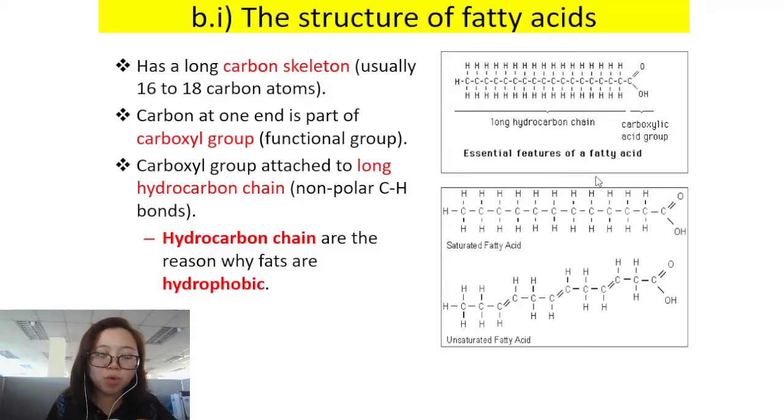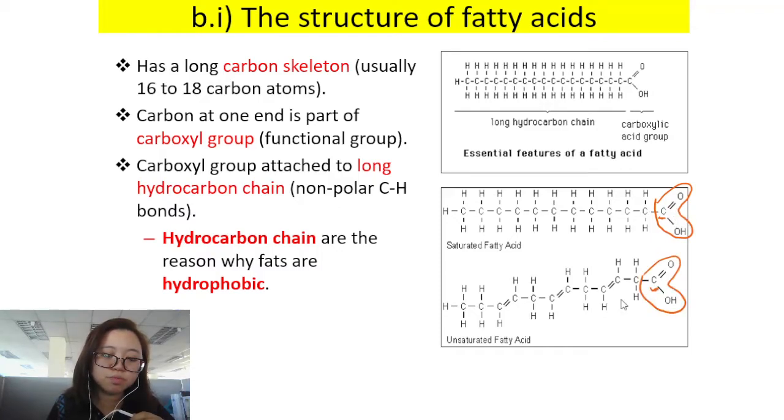The carbon at one end is part of a carboxyl group. The C double bond O, then C single bond OH, is the carboxyl group.